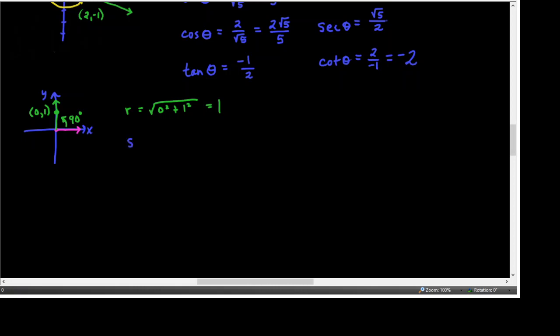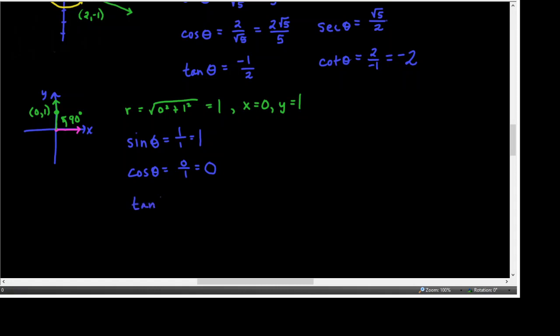And by extension from the point I presented, that means x is 0 and y is 1. I should probably write that down so that it's very clear where I'm getting those numbers from. It's from the point. So sine of theta is y over r, so that's 1. Cosine of theta is x over r. 0 divided by 1 is 0.